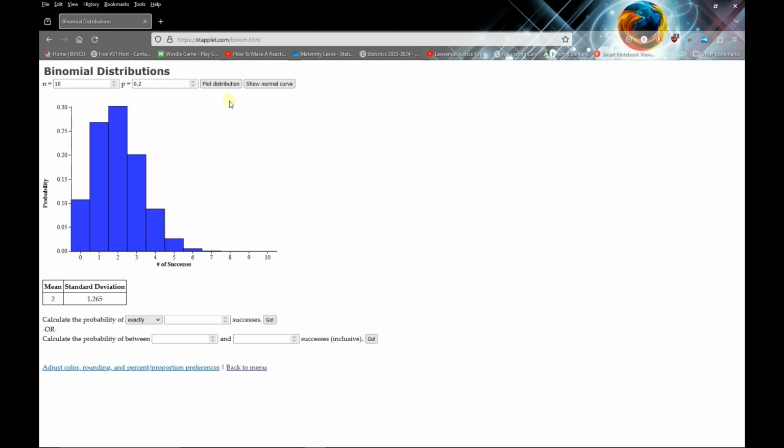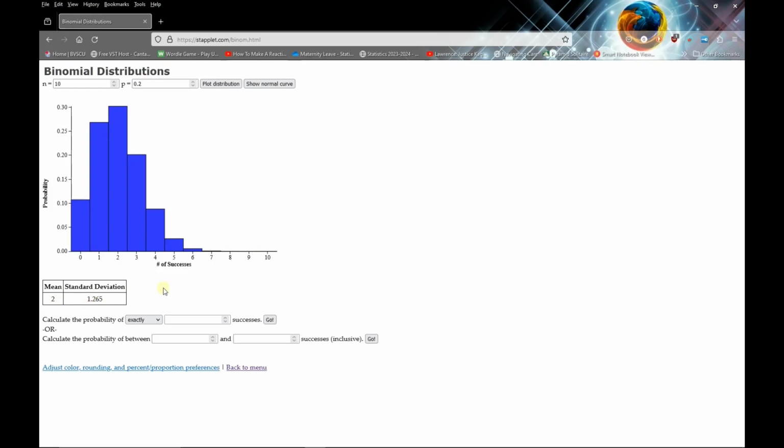Another way to describe this would be to look at its shape. It does go from 0 to 10 because you have 10 questions. So if you follow it along, it is pretty wildly skewed to the right. So skewed to the right, and it does give you the mean and the standard deviation. And there are different ways of calculating the mean and standard deviation.